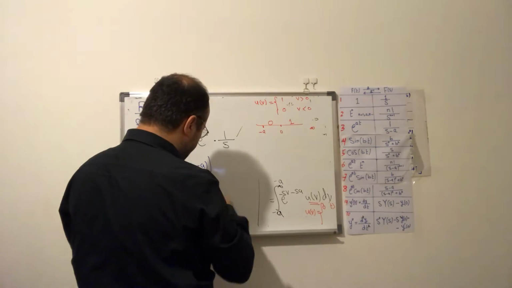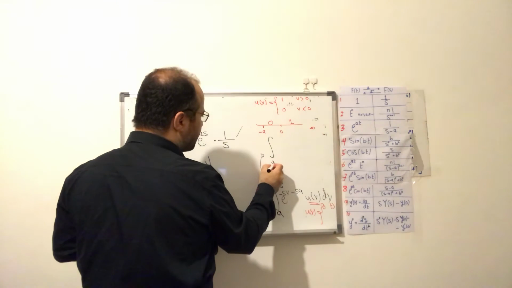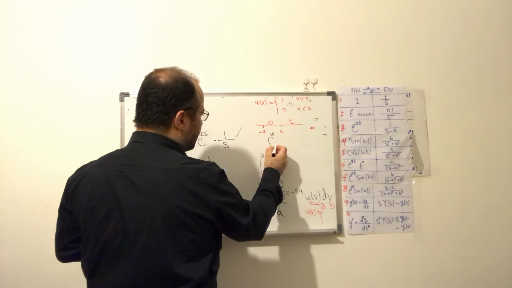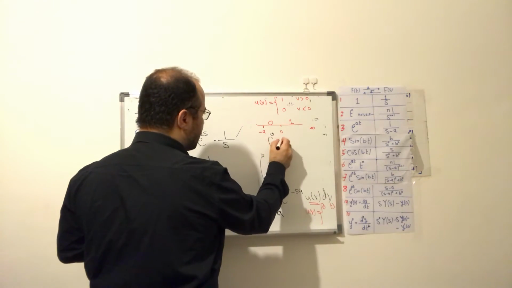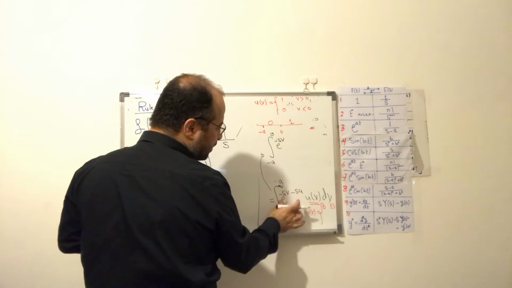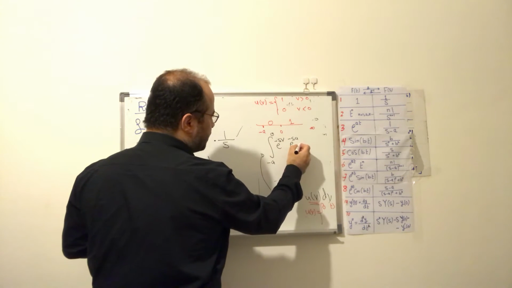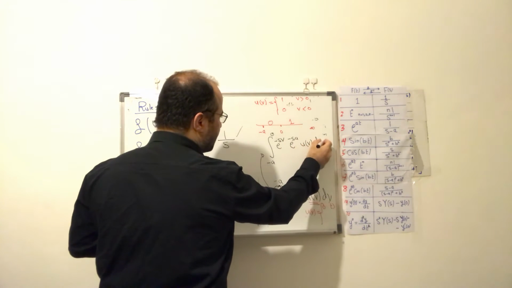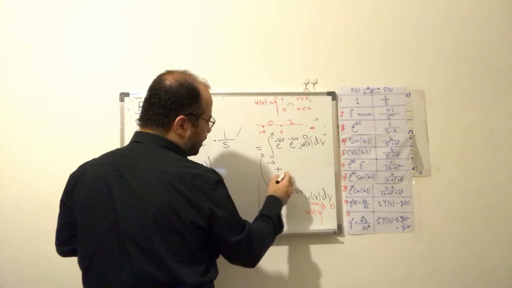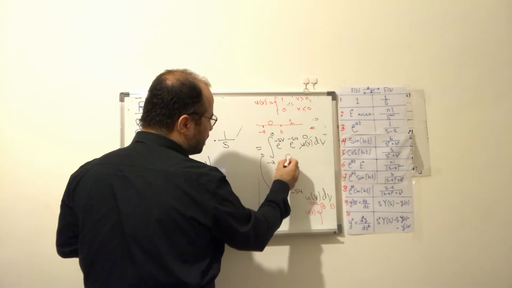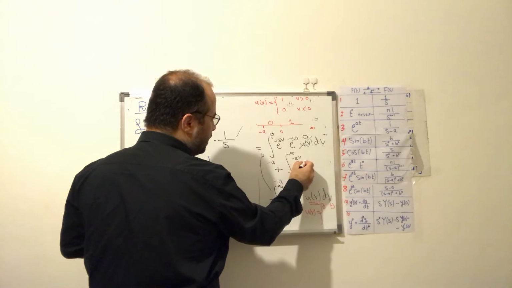One is from minus a up to 0, with e to the minus sv, and I write this as two exponentials, the second being e to the minus sa, and u of v dv, but u here is 0. The second integral will be the integral from 0 up to infinity, with e to the minus sv.